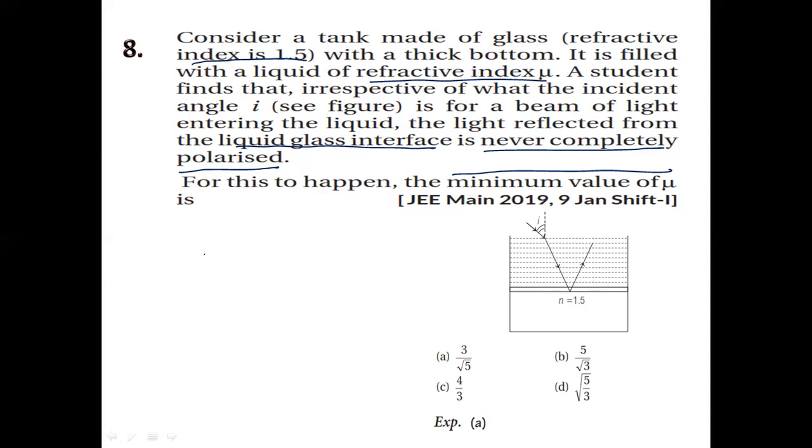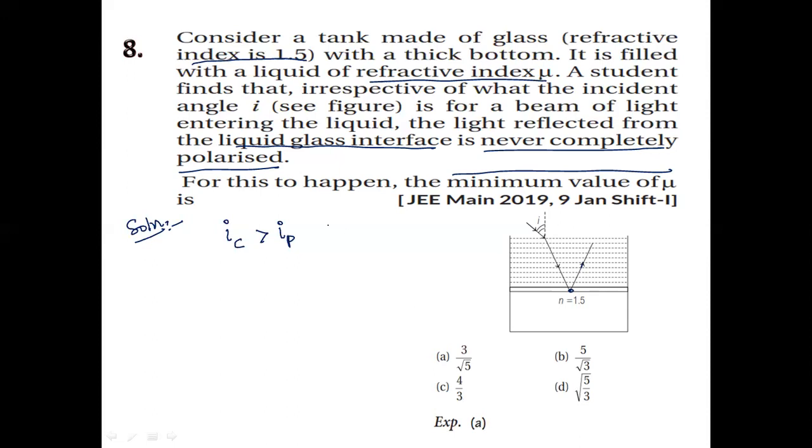That means the critical angle must be greater than the angle of polarization. Then only it will happen. At the interface, if the angle of incidence equals the critical angle, then only the light ray will be reflected back.